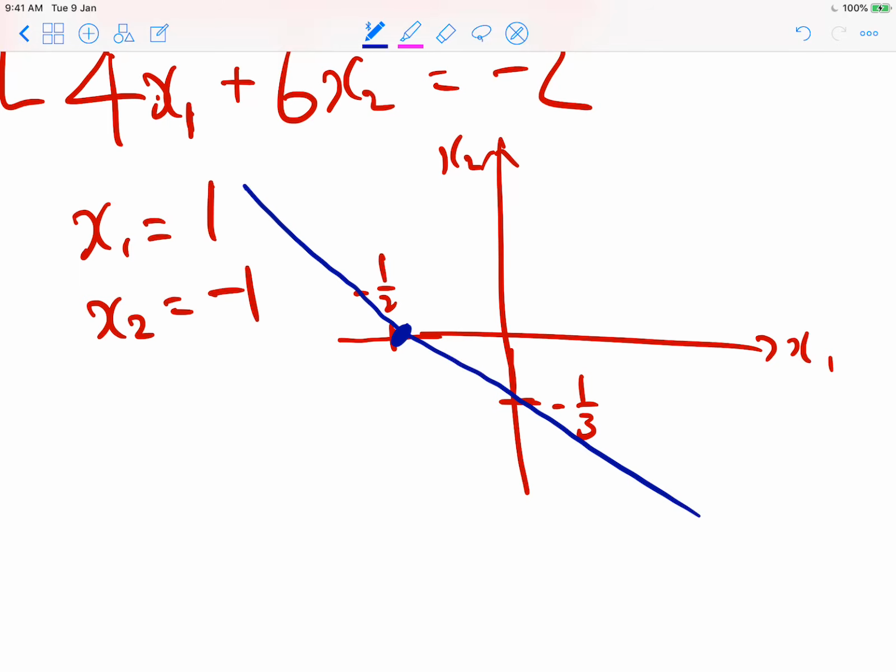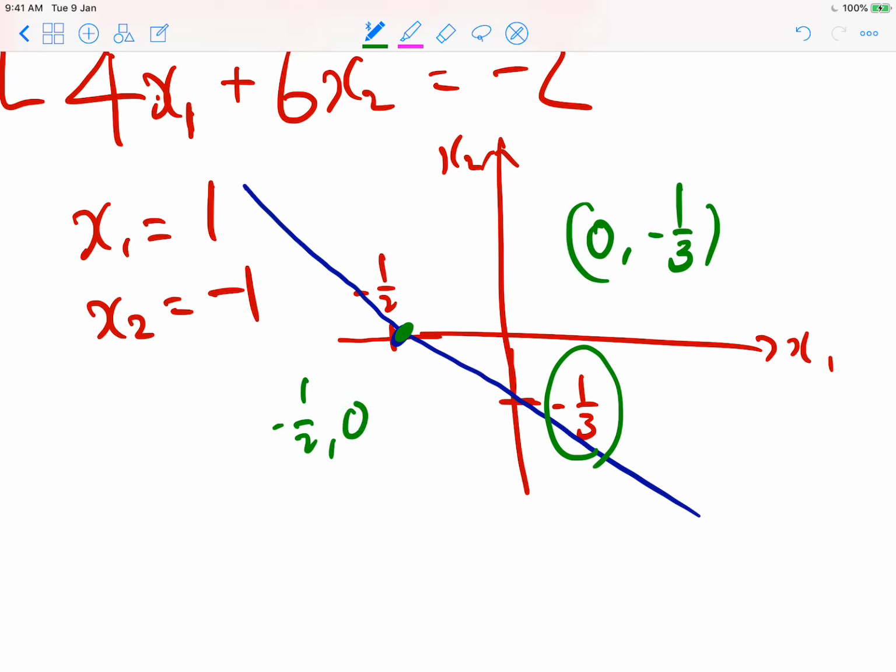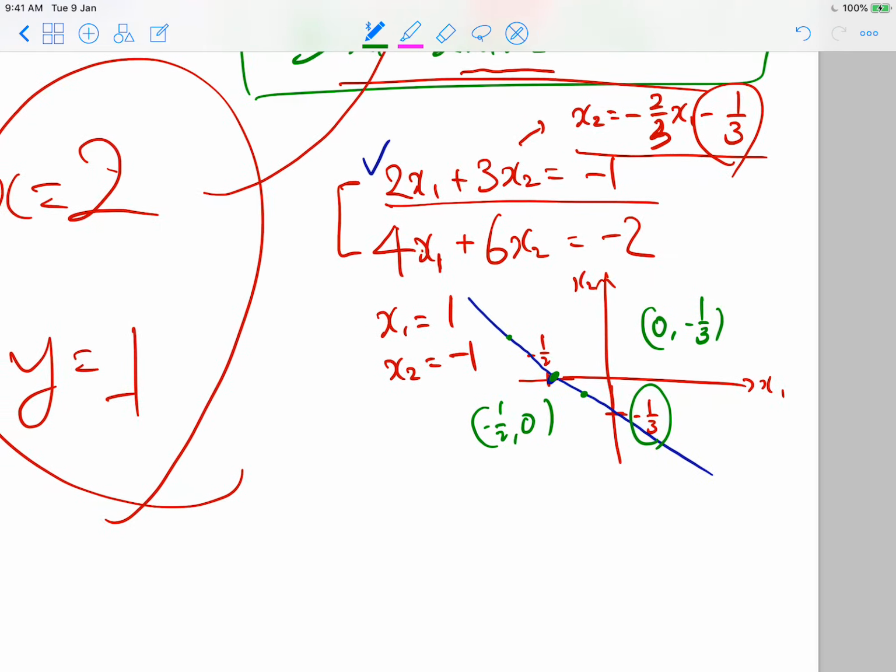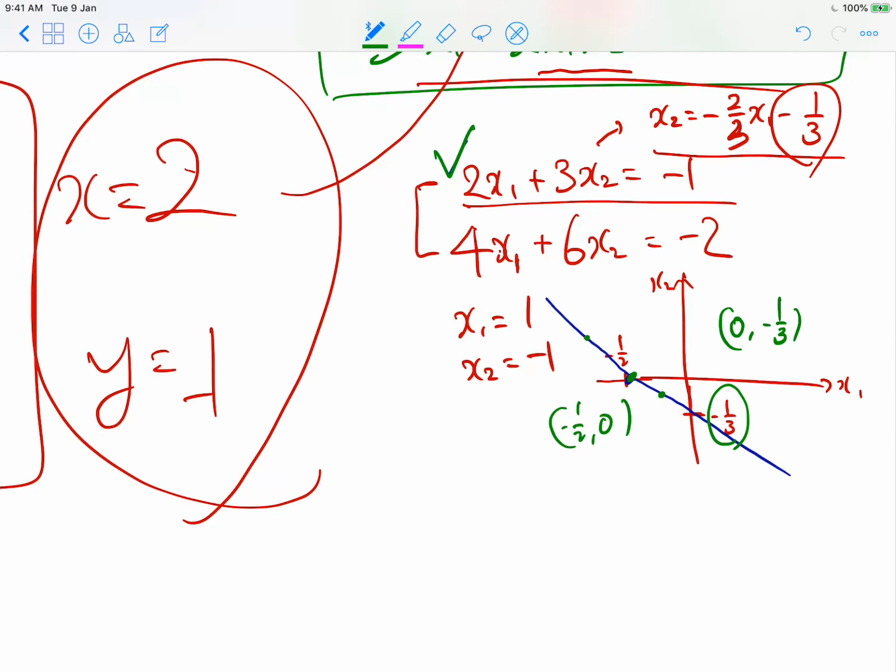So any point, such as 0, -1/3, or -1/2 and 0, or any other points will all satisfy this equation, right? And what about the second equation?